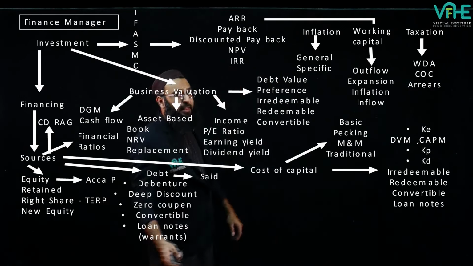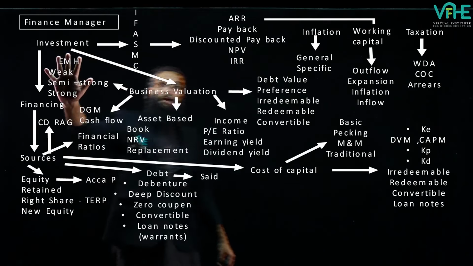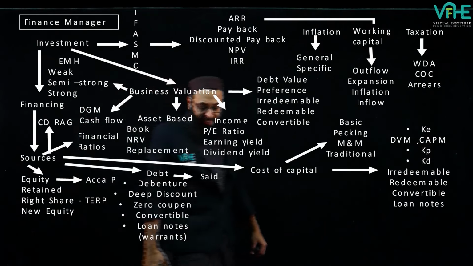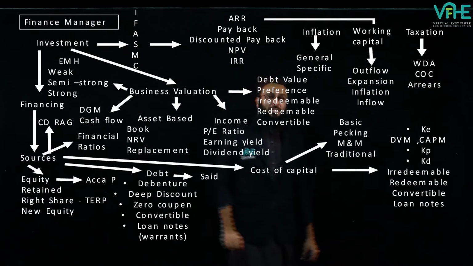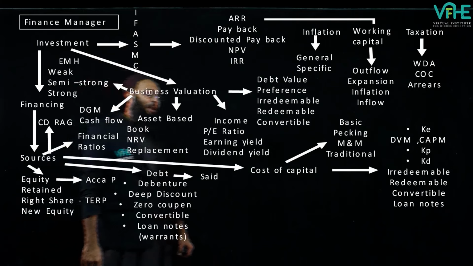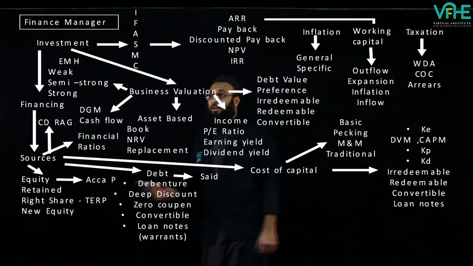So having said that, then we have certain market efficiencies here. There are three types of market efficiencies. There is a concept known as the efficient market hypothesis. According to this concept, the share price fully and fairly reflects all relevant and available information. But there are three types of market.